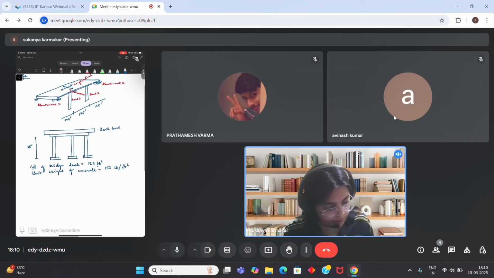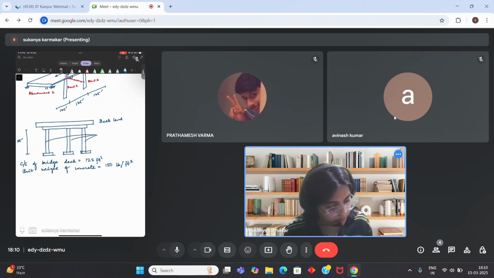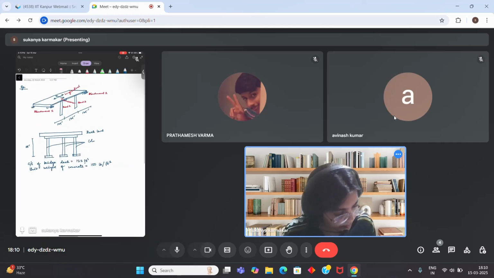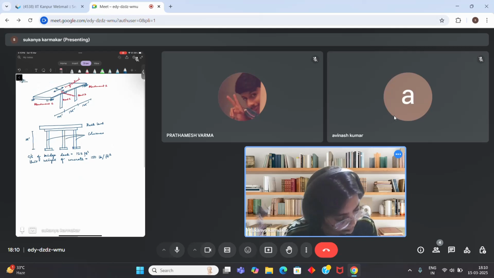So these are the three columns, and they are of circular cross section with I about the Y dash, Z dash axis equal to 13 feet to the power 4.